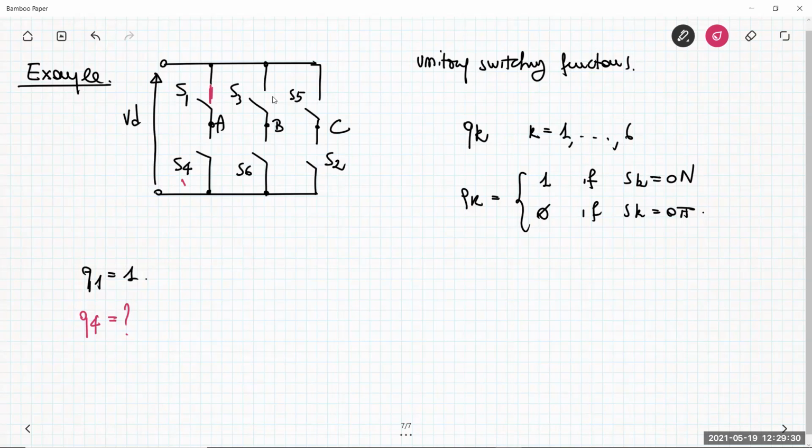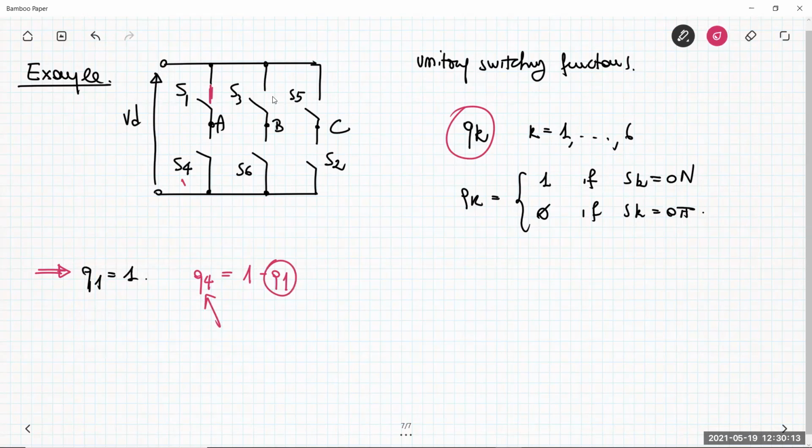So Q4 is completely defined by having chosen Q1: Q4 is simply 1 minus Q1, by definition of complementary operation of the switches. So you have 6 variables Qk because you have 6 switches, but just 3 of them are independent. The other 3 depend on the other function of the same leg. For example, Q4 depends on Q1, so it is not independent.